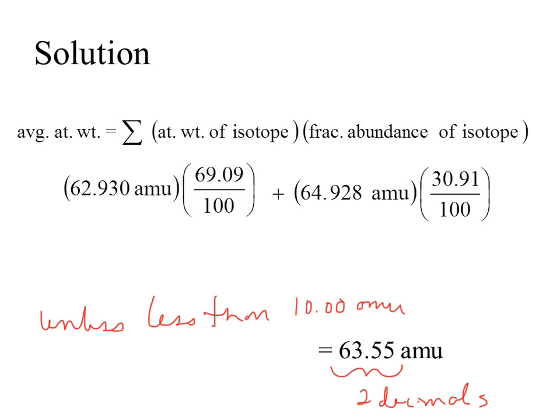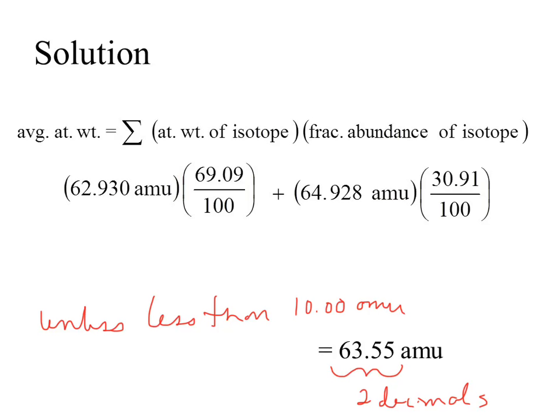So for the lighter ones, you really need to give it 3 decimals. And this is unusual in that I'm telling you how to round. Usually I'm like, we'll use the rules we talked about. Now I'm like, no, just 2 decimals. Okay?